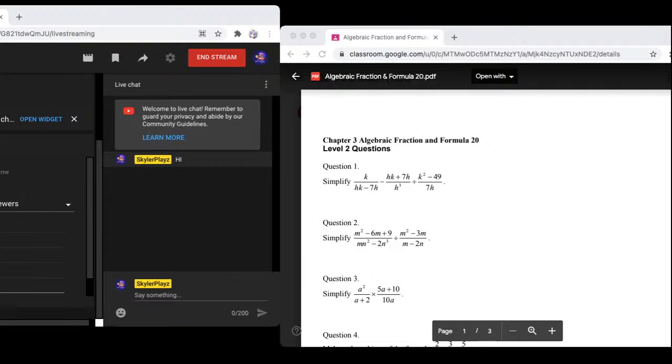And then divide will become multiply. Multiply k plus 7, k minus 7 divided by 4h. And then we can do the multiplication, and it's quite easy, just cancel off the common factor. K plus 7, k minus 7, then cancel out.